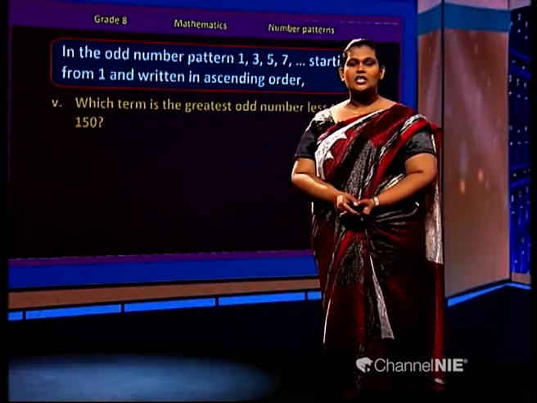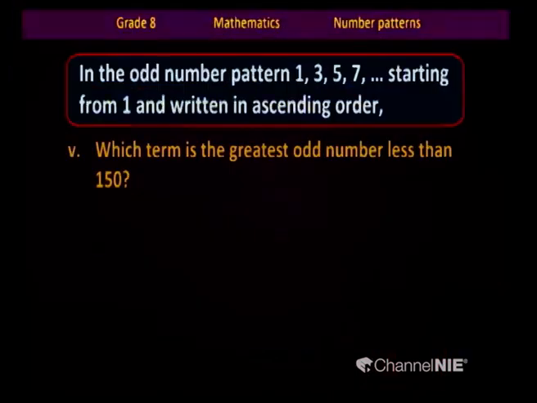Part 5. Which term is the greatest odd number less than 150? Right. Now, they are asking about the number of the term of the greatest odd number less than 150. So, first of all, we have to know what the greatest odd number less than 150 is.